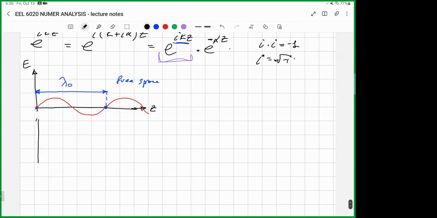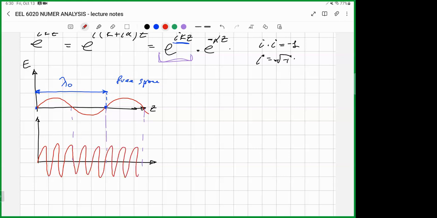So it's going to be, for example, something like this. So this is in the dielectric, as a function of distance.